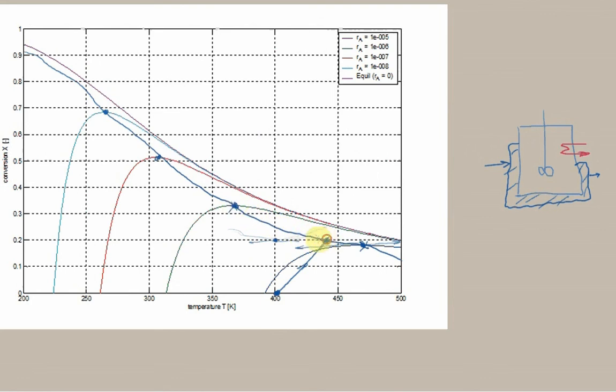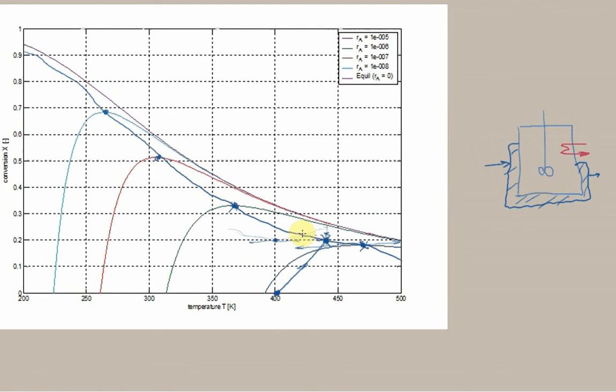Right now, at this point, we have a fixed reaction rate. And so we know how fast the conversion is rising here. So if we know how fast the conversion is rising, then we know, let's say after 1 second, where it's going to be. So let's say after 1 second, it's going to be here.